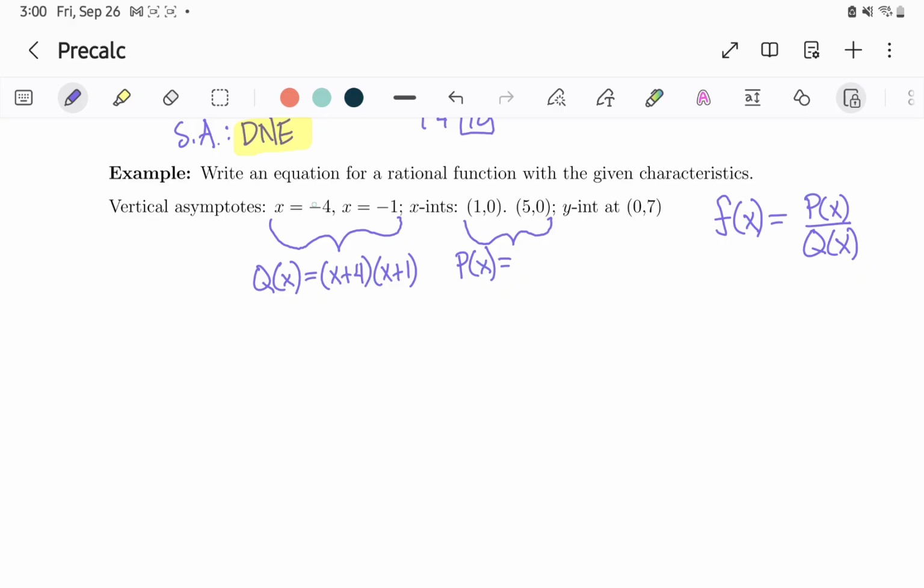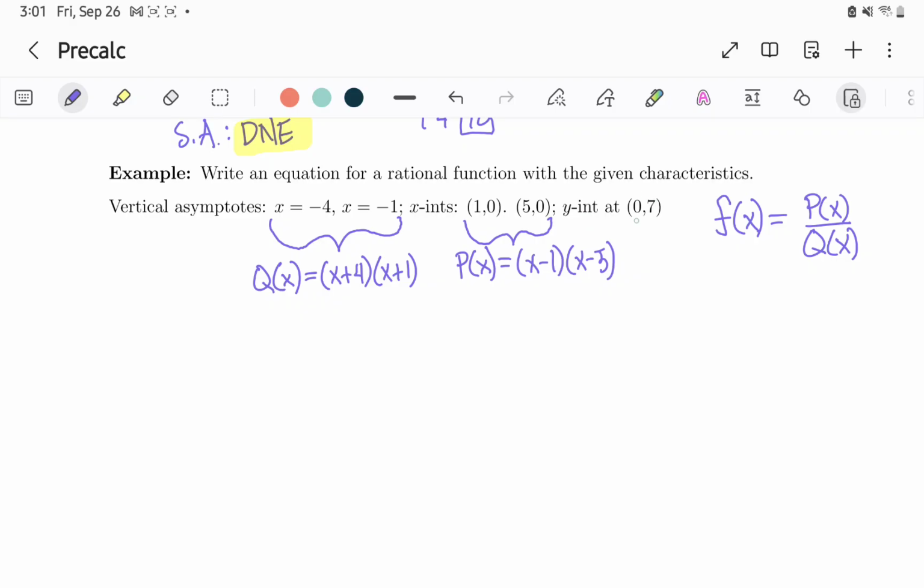So you want to write x and then plus whatever number you have for either your vertical asymptote or the domain value that's missing, so plus whatever that value is with its sign changed. And same thing with the x-intercepts for p of x. So we'll have x minus 1 and x minus 5.